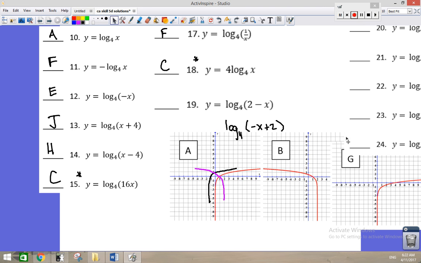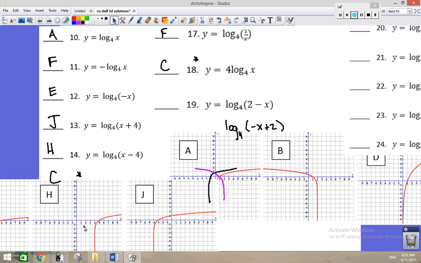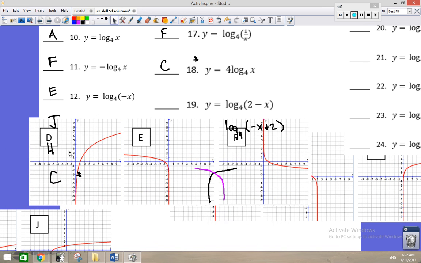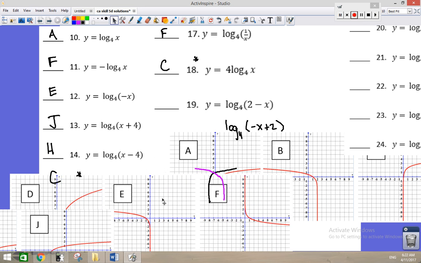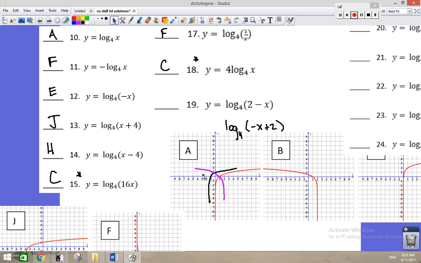Alright. Can't be G, H, or J. Oh, there it is right next to it. It's right here in B. I was scooting around looking at that and I couldn't see it. This purple line right there is the graph of B. Sorry about that. It's kind of early in the morning. I haven't fully woken up yet.